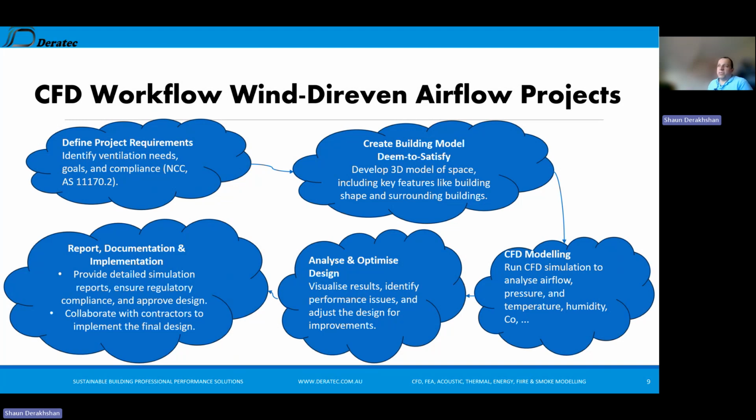Then report and documentation. The report needs to be short and comprehensive. Sometimes a lot of information in the report is not useful, so you need to choose the most important. Try to shorten the report. Sometimes I see 50-page reports where maybe 48 pages are just general talk.